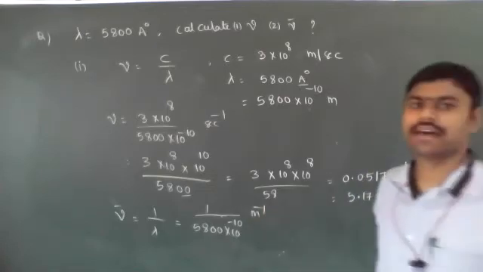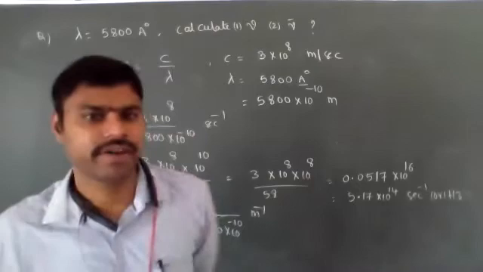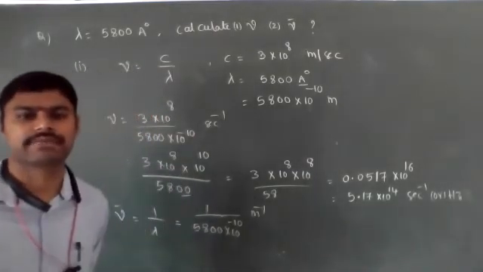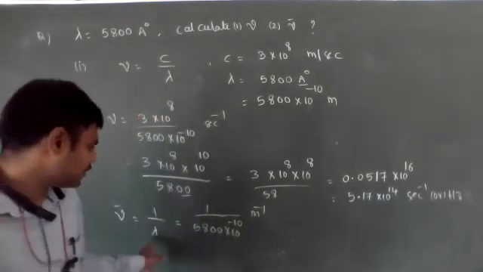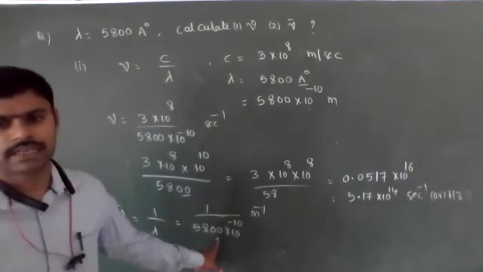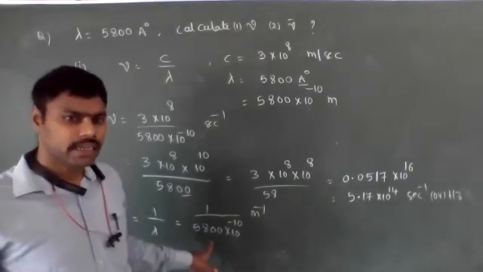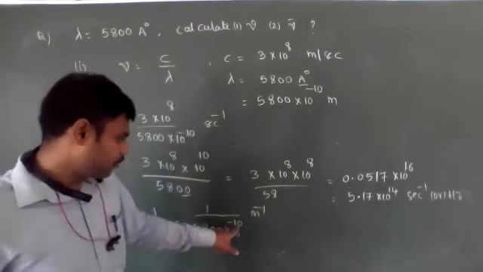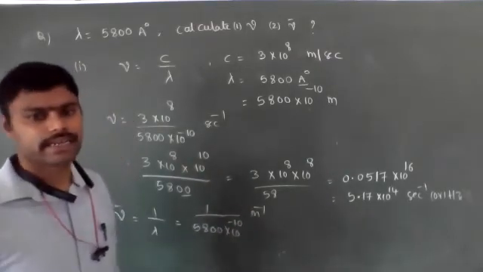That is the unit for wave number. Wave number units are meter inverse or centimeter inverse. Since I am taking lambda in meters, it is 5800 into 10 to the power of minus 10 meter inverse.